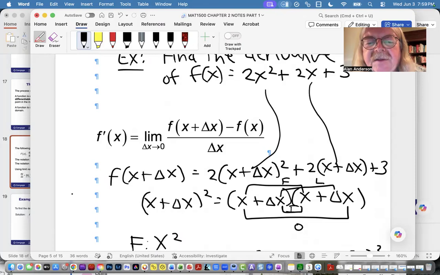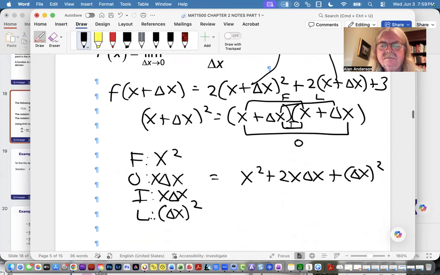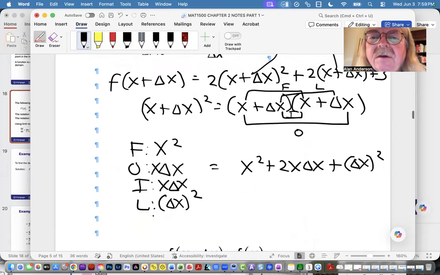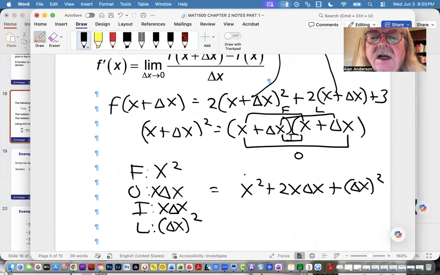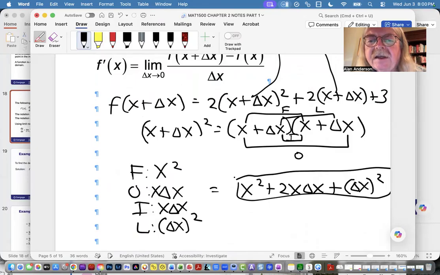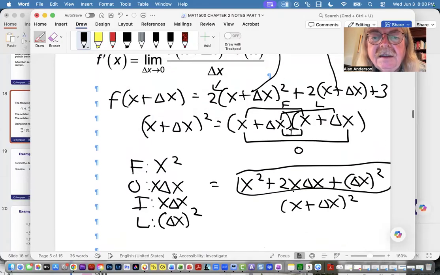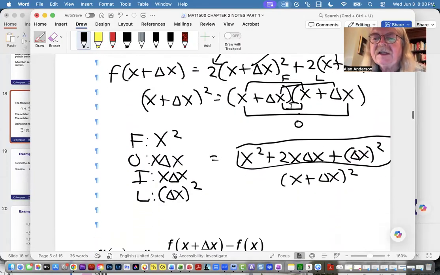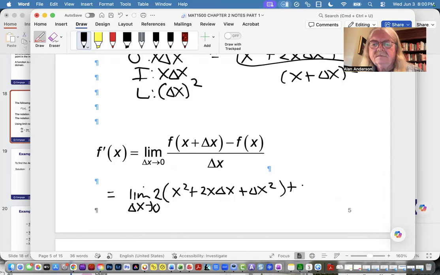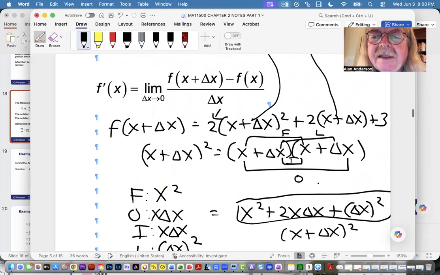So we only have this piece. Oh, actually, in fact, we have to be extremely careful here because all of this has to be multiplied by 2. What you're seeing here is just x plus delta x squared, but we have a 2 here as well. So let's write that down here. And then we have 2 times x plus delta x. And then we have a 3.